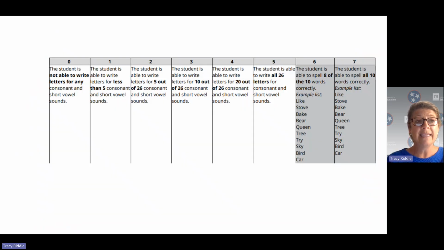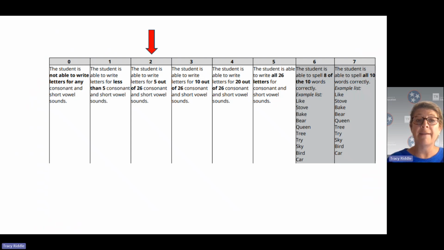When assessing the kindergarten standard, where the teacher makes the letter sound and the student writes the letter, if the student is not able to write any of the 26 letters, that would score a 0. If the student is able to write less than 5 of the letters, that's a score of a level 1.